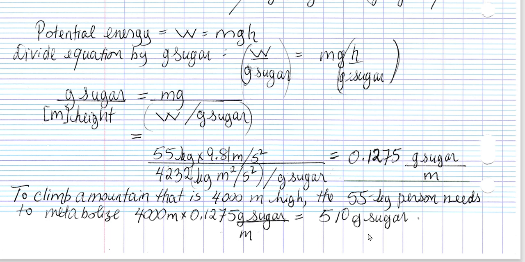That's like half a kilogram of sugar that needs to be metabolized. That's a lot of metabolism going on. So in other words, if one wants to climb a mountain, please do not do it on an empty stomach.